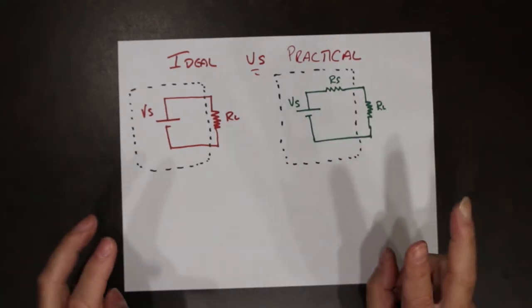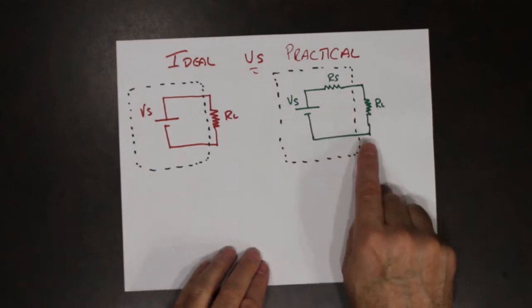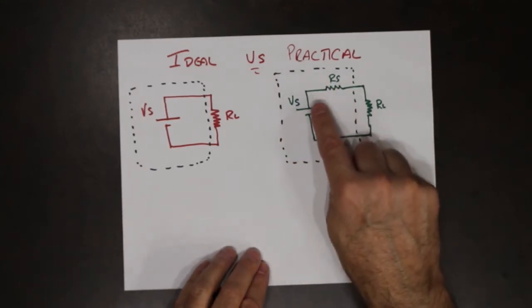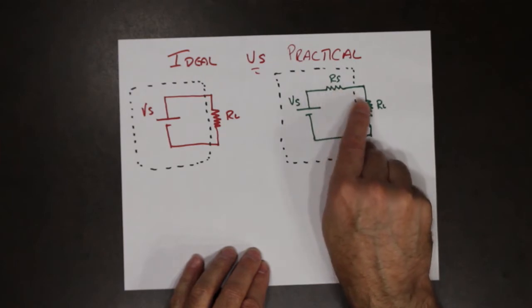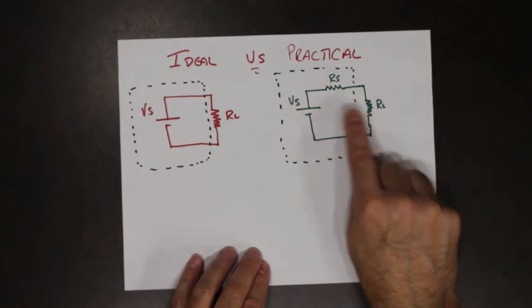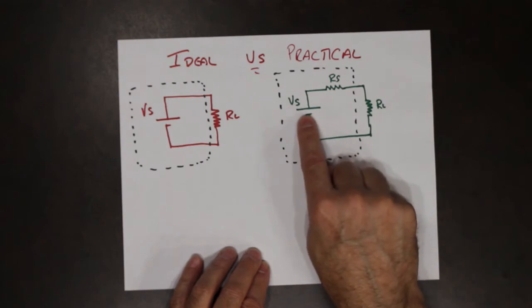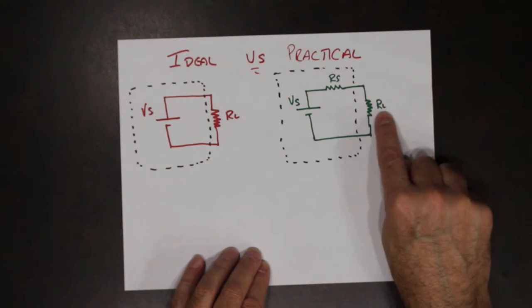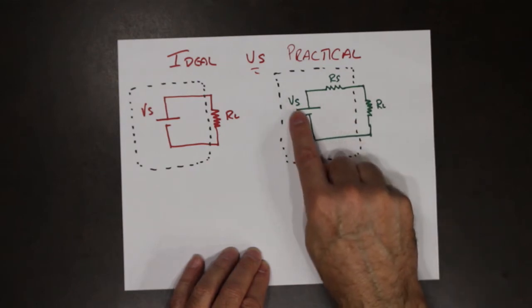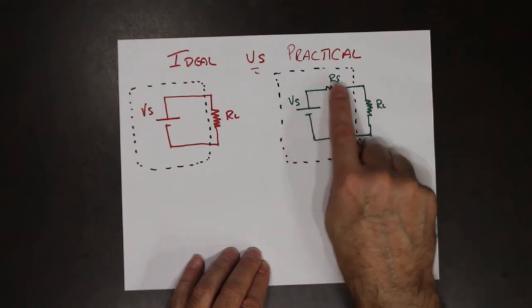According to Kirchhoff's voltage law for a series circuit, the voltage drop here and the voltage drop here add up to this. So there's no way that the voltage drop across RL is going to be perfectly equal to Vs, because there's always going to be some kind of voltage drop across RS.